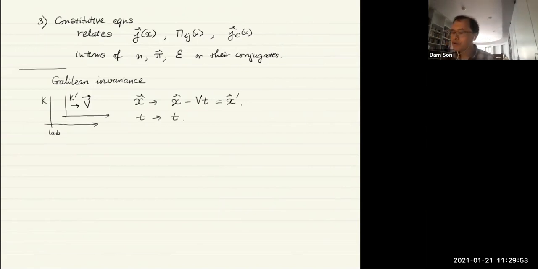The Galilean transformation transforms the fluid.